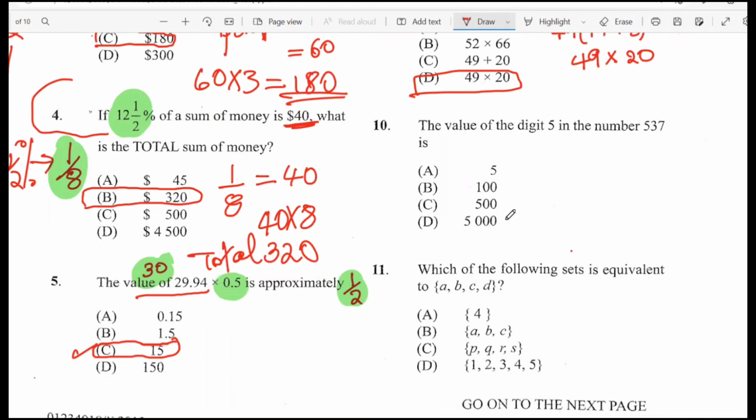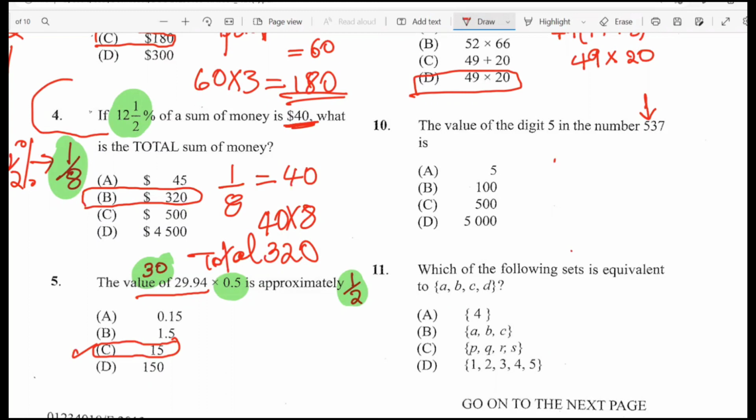The value of the digit 5 in the number 537 is what? And a lot of times with a question like this, if you listen to yourself, you'd actually get the answer, because if you are asked to read this, you would say 537, 500.